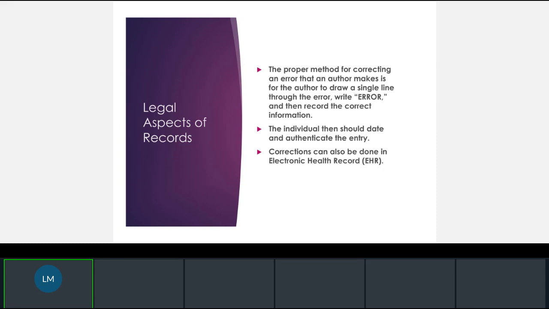It basically is an amendment or an addendum, but it doesn't wipe out the initial information. It's basically got a strike through it, and then the information is updated. So whether written or electronic, information is never deleted. It only signals that it was incorrect or erroneous, and then the correction is made.